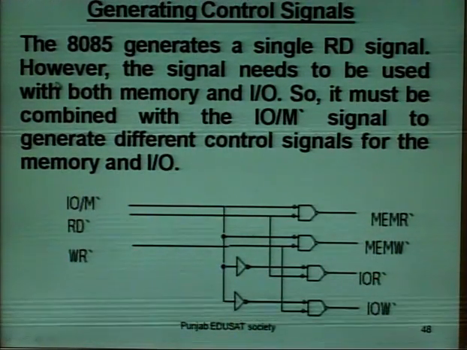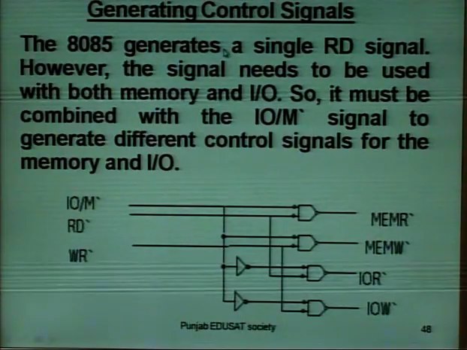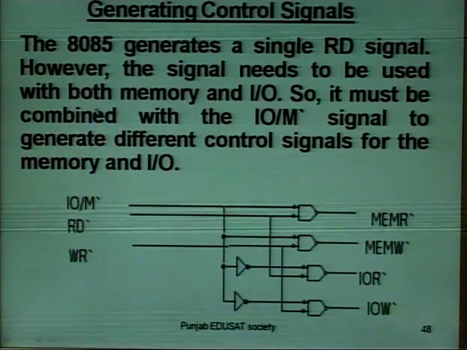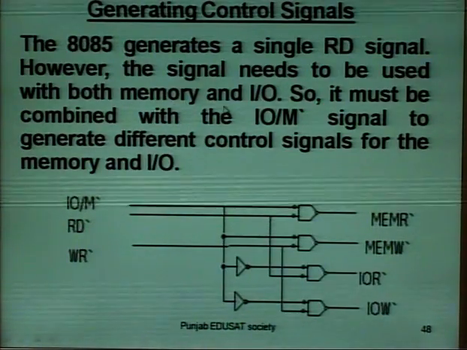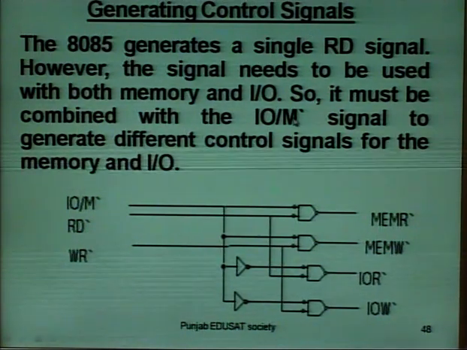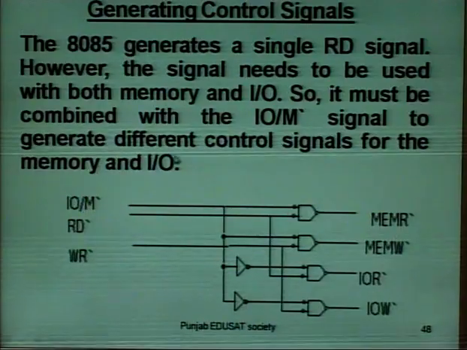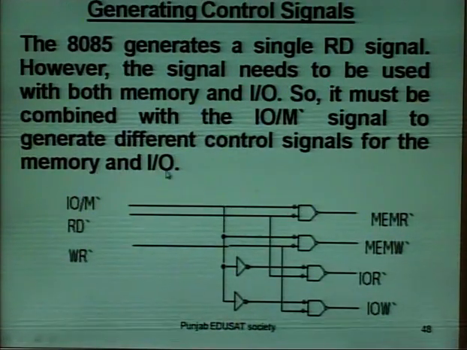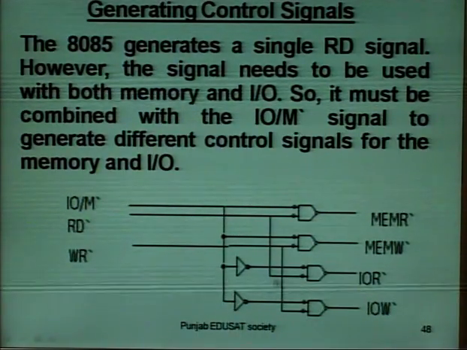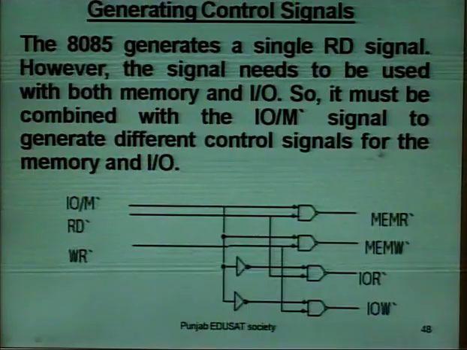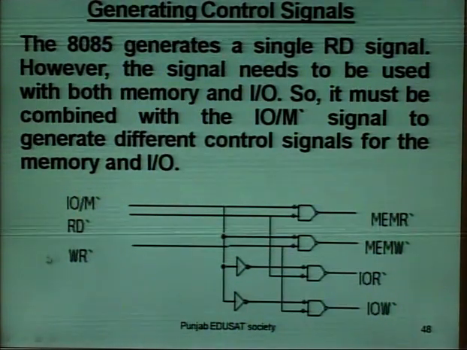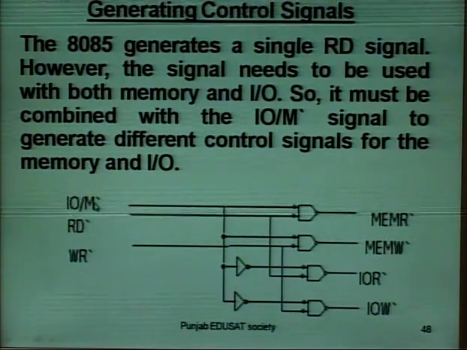Generating control signals. 8085 generates a single read signal, however, the signal needs to be used with both memory and input output. So, it must be combined with the input output oblique memory signal to generate different control signals for the memory and input output. Here we have used various gates to generate 4 control signals from 3 signals, that is IO/M, read and write.